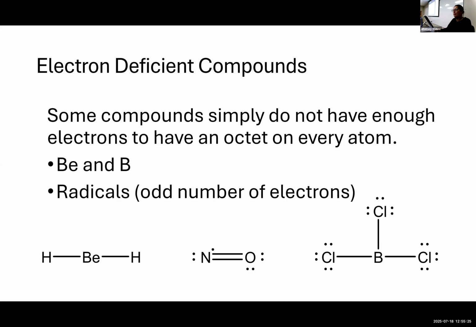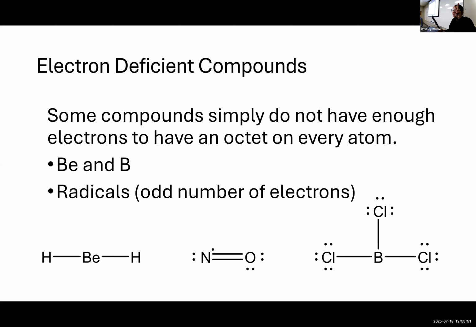Recording in progress. Okay, so let's continue. There are going to be some exceptions to the rules. The biggest exception, of course, is hydrogen. Hydrogen cannot have a full octet, so it will only max out at 2 electrons, but other elements similar to hydrogen will be in the same boat. For example, beryllium. Beryllium is column 2, but it just doesn't have a lot of valence electrons.